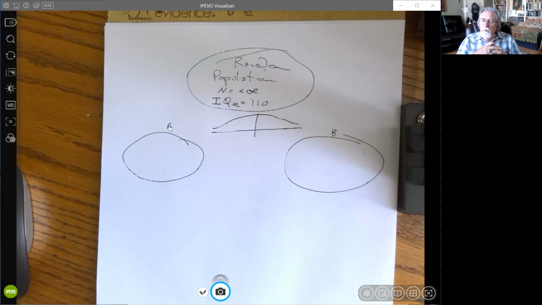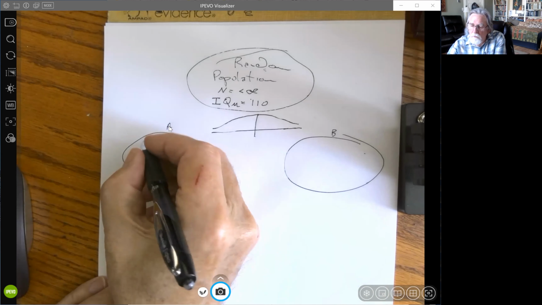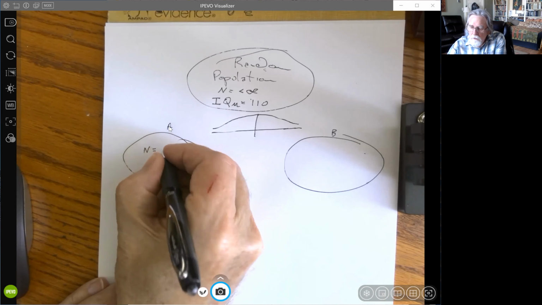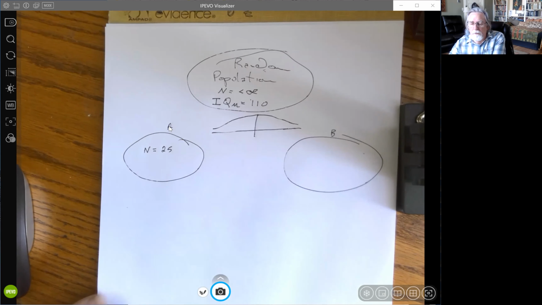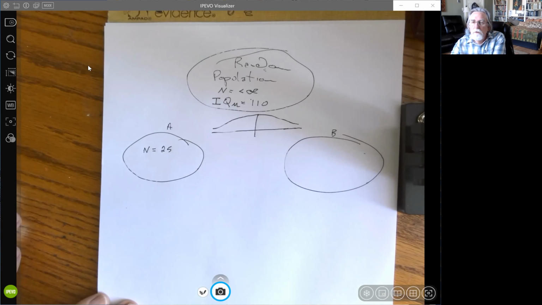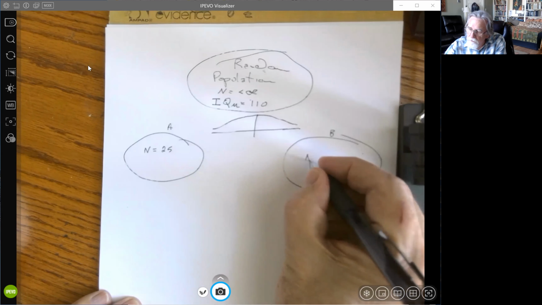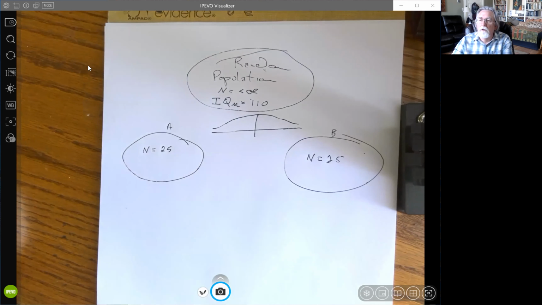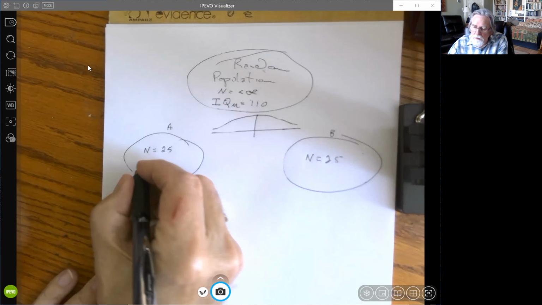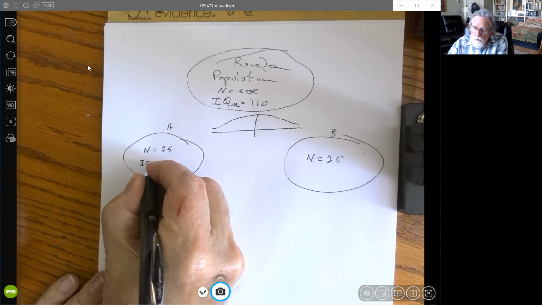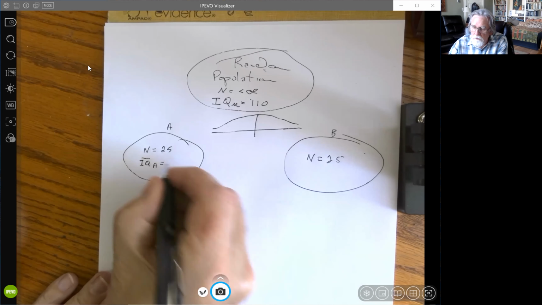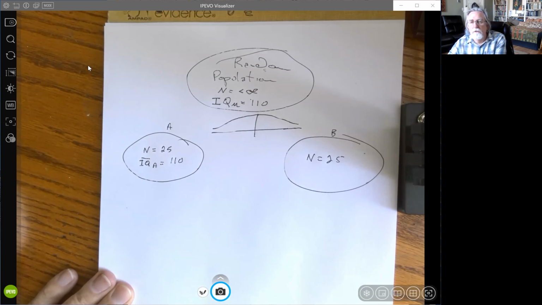Now if we take advantage of the properties of randomness and say we select 25 individuals and we drop them over here in what we'll call group A, and we take another random 25 individuals and we drop them over there in group B. Because of what we know about normal distributions, randomness, and the central limit theorem, we know that the most likely average IQ for group A is going to be 110, because that's the largest occurring score in the population.